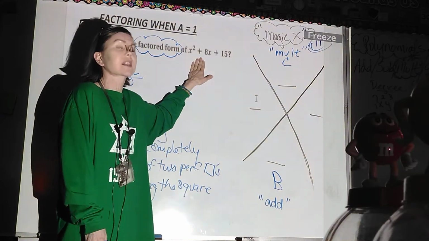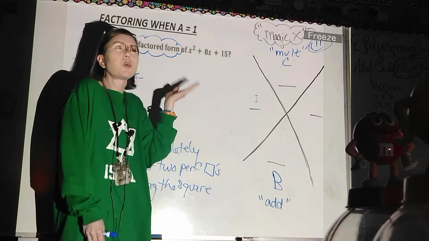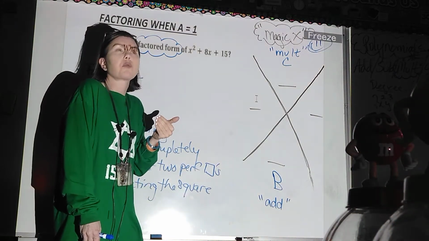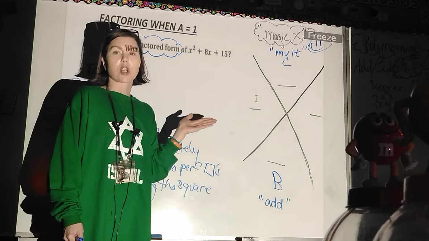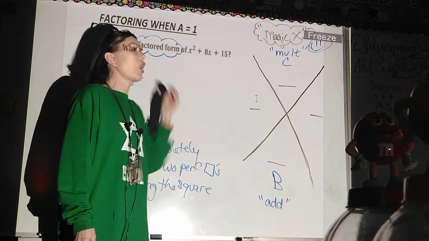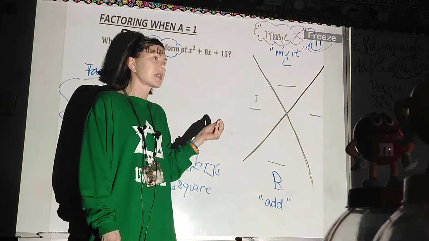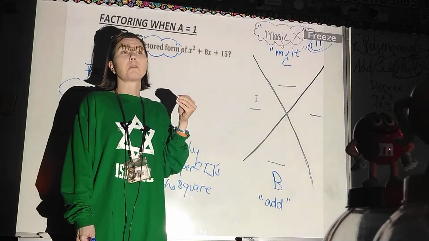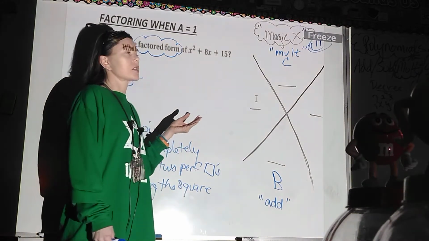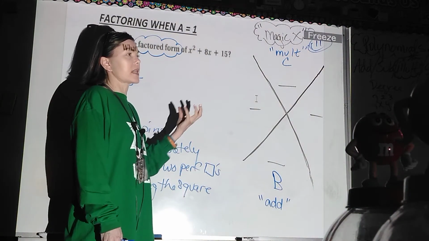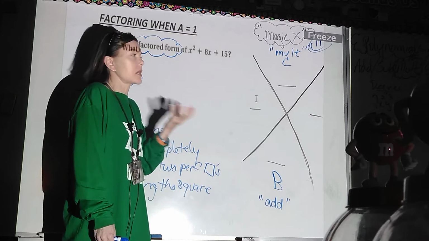And now we're going to factor it and figure out what was multiplied together originally to give us this answer. So I just want you to know that factoring is the opposite of multiplying. And so we just want to break it down as easily as possible.